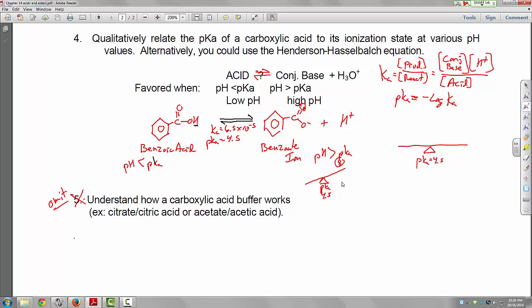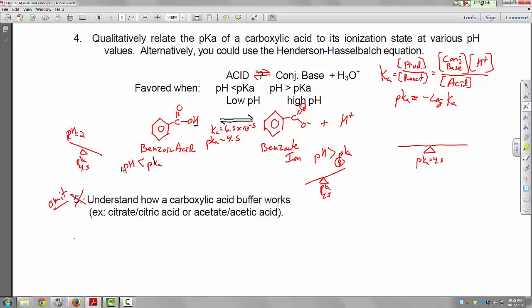And over on this side, the pKa is kind of the balancing point, 4.5. If the pH is less than that, say pH equals something like 2, the left-hand side is favored.